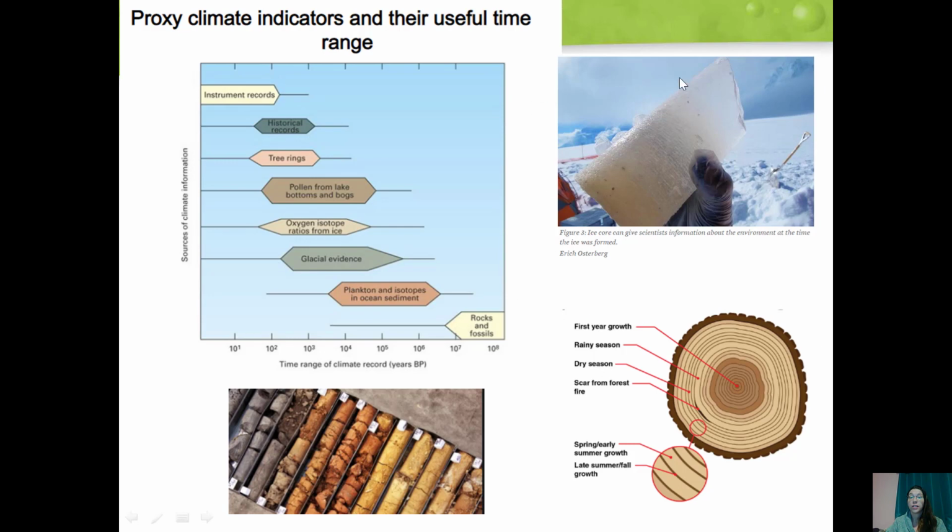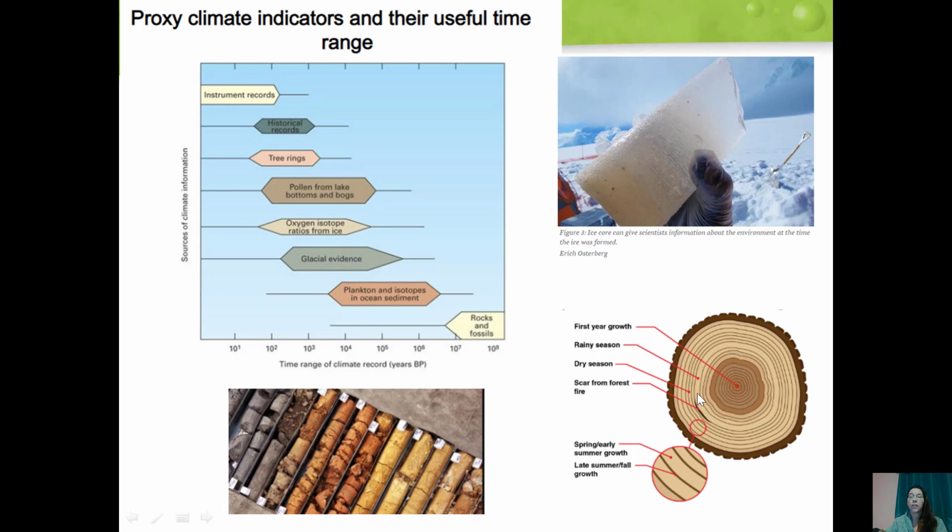So here you can see our ice core, and that can give scientists information about the environment at the time that the ice was formed. We have tree rings, so for each year that the tree grows, it will gain an additional ring, and if there's any trauma or weather conditions, we can see scarring or different widths of the growth ring that indicate how quickly it grew.